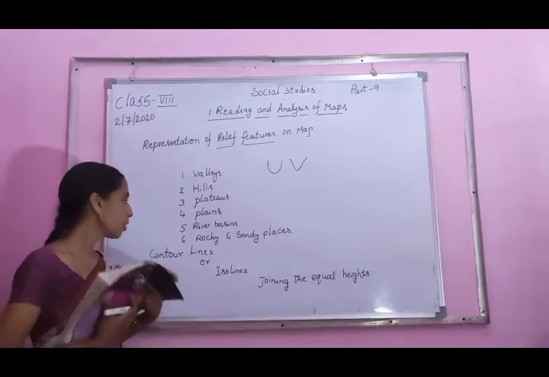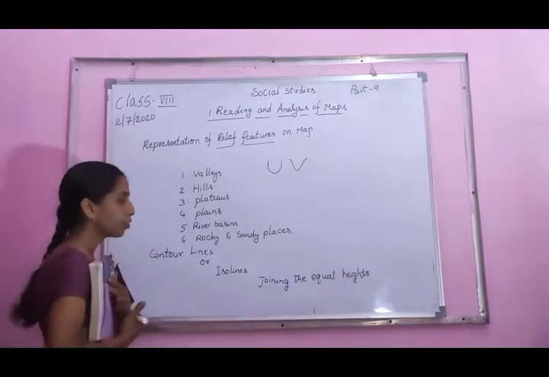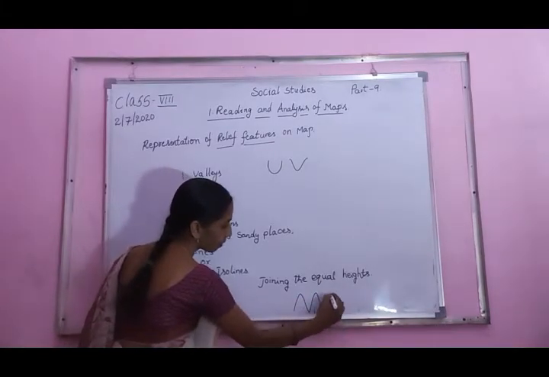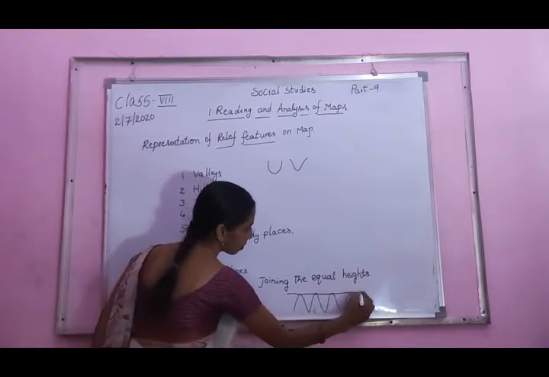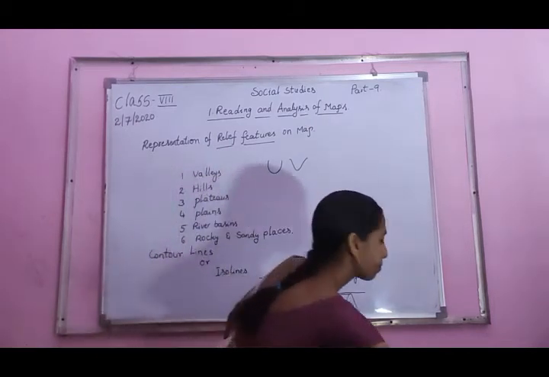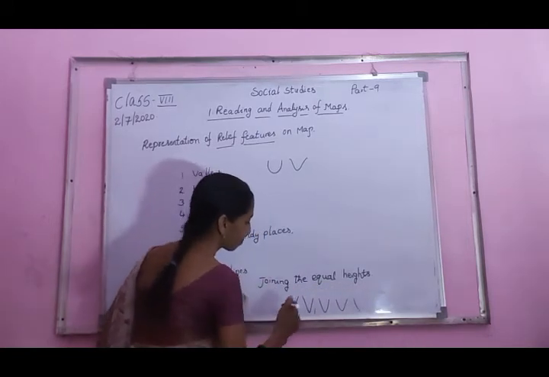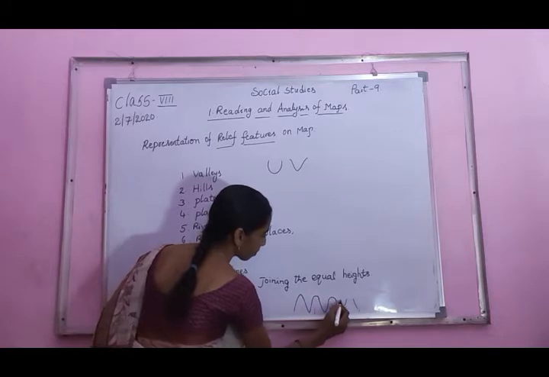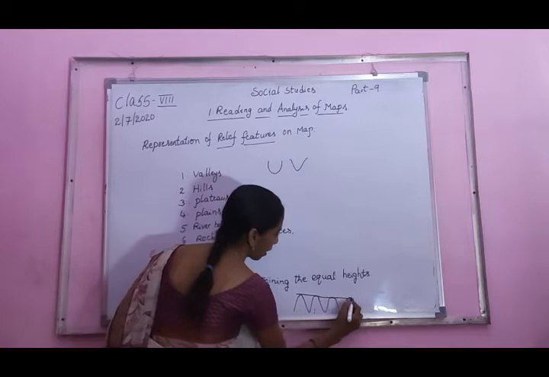Have you understood? Contour lines mean joining the equal heights. This line joins places of equal heights.